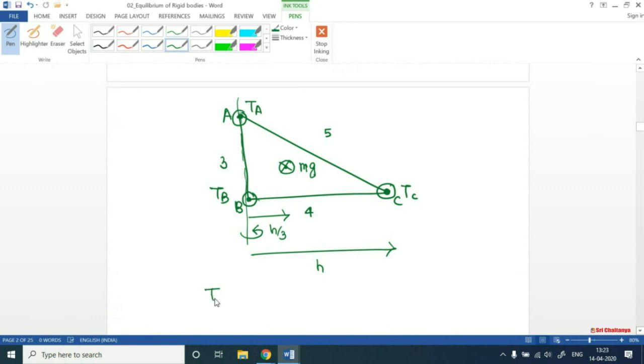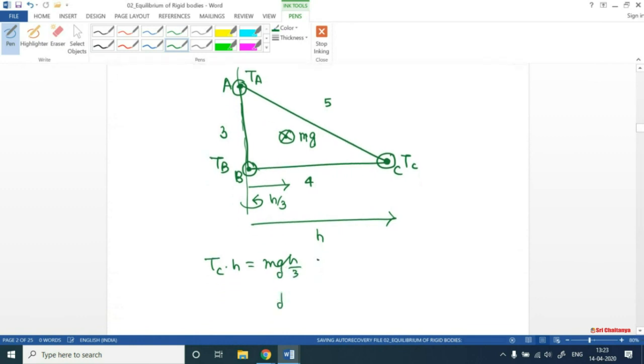So we can say that TC into h will be equal to mg into h by 3. That gives us TC equal to mg by 3. Similarly, we can find TA and TB. In order to find TA, we need to balance torque about line BC, and in order to find TB, we need to balance torque about line AC.